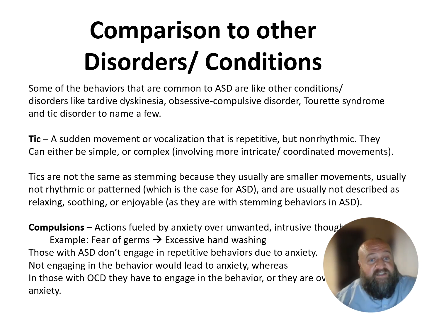The muscle movement part, we see with tardive dyskinesia, which would be caused by medication. So you'd ask the person if they're taking these medications. If they stop taking them and it goes away, they probably had tardive dyskinesia. If not, then it's probably tic disorder. Tourette syndrome would be mostly vocalizations.